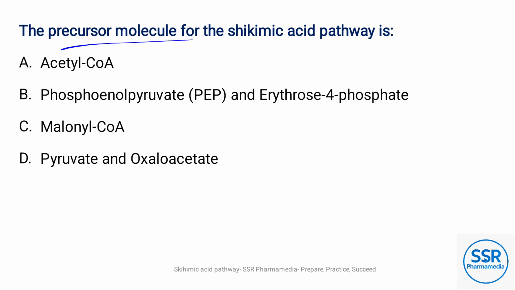The precursor molecule for the shikimic acid pathway is: option A, acetyl-CoA, option B, phosphoenol pyruvate and erythrose phosphate, option C, malonyl-CoA, option D, pyruvate and oxaloacetate.